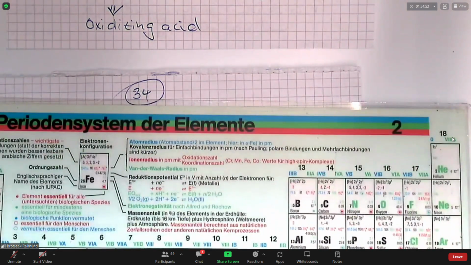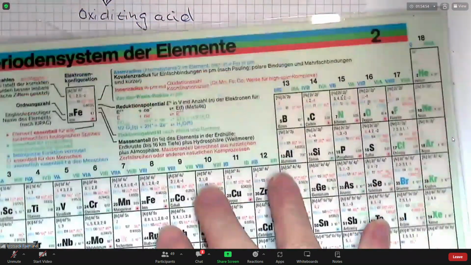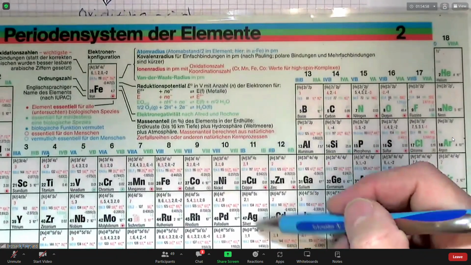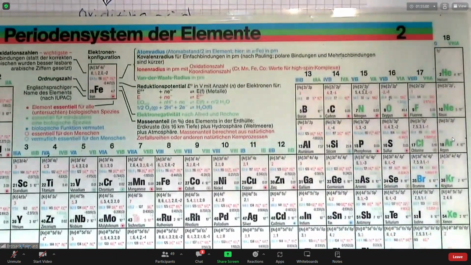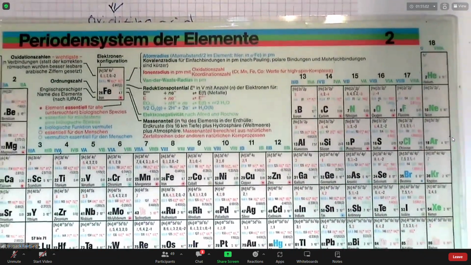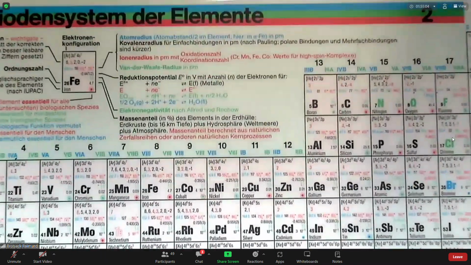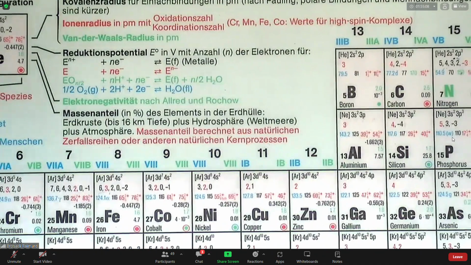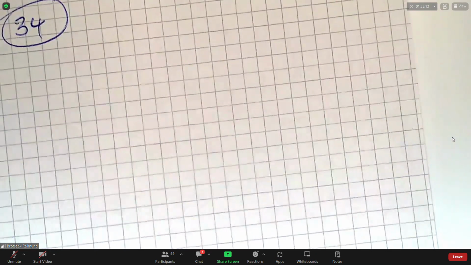Where do we find the copper? In this 11th group here. If we look it up, what is the most common oxidation number for copper? +2. Well, that's all in the periodic table. So now copper will be oxidized.